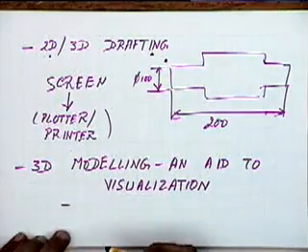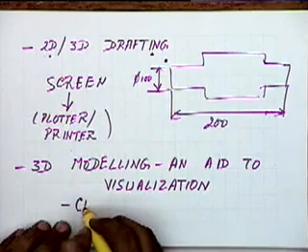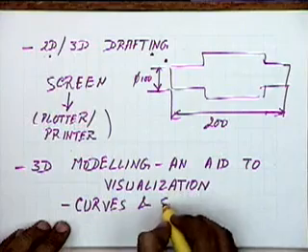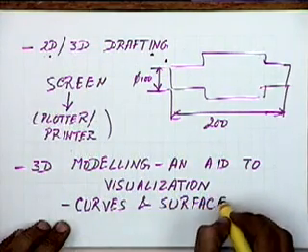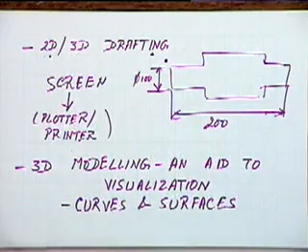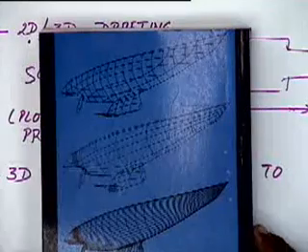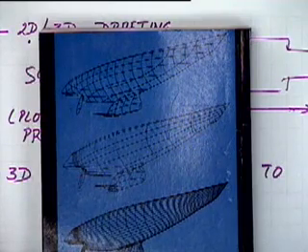Then when you are talking of modeling, we are trying to model the different curves and surfaces. If you are modeling a complete solid, we also have to model the curves and surfaces that come on it. For example, in this object, you are seeing the surfaces which form this solid.